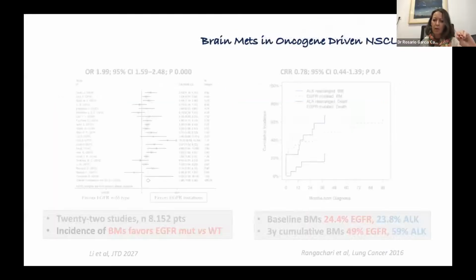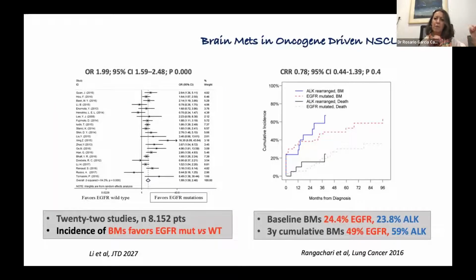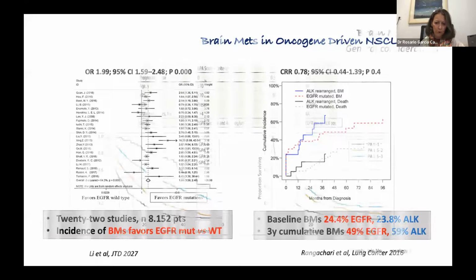Specifically, when we talk about brain metastases in patients with genetic alterations, clearly it seems that patients harboring EGFR mutations or ALK translocation, for example, have a higher incidence of brain metastases compared to the wild type population. So we need also to consider the assessment of the brain at the very beginning, even if the patient is asymptomatic, because I think this is something that is really frequent in patients with oncogene genetic alterations like EGFR, ALK, or ROS.